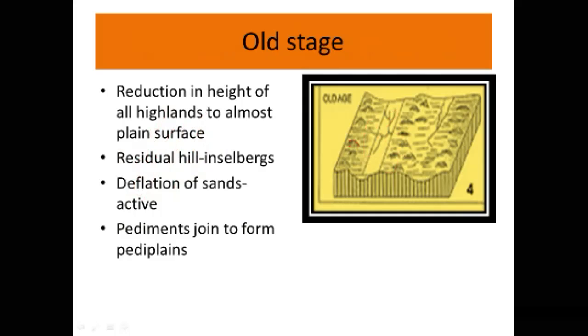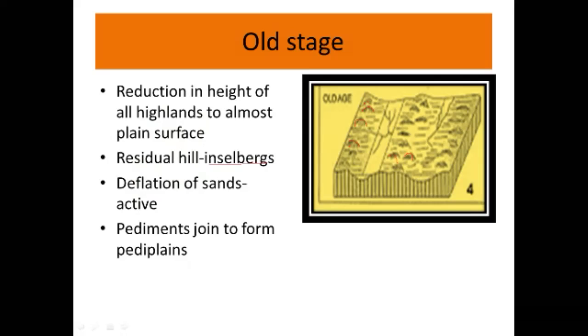We can see underlying rocks projecting outside the plane of these deserts, which we call inselbergs. The residual hills we call inselbergs. They are like islands projecting from the sea. That's how it looks in the desert, projecting outside from the desert plain region. The surrounding regions are plain, but from that it's projecting outside, and that we call inselbergs.